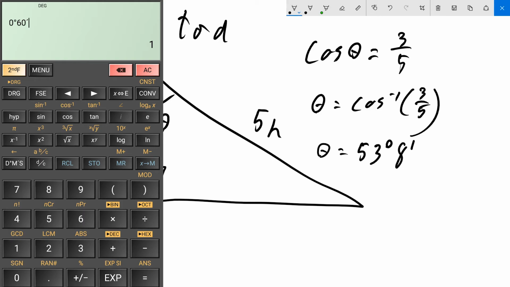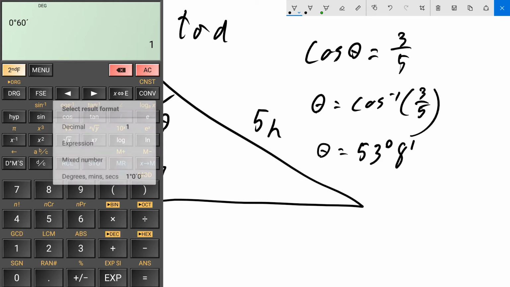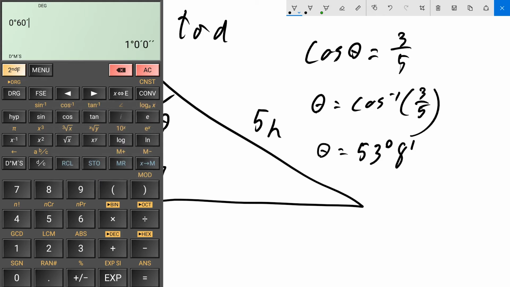So if I convert this into degrees, minutes, seconds, we will see that 60 minutes is a degree. So I can change this slightly, so there's 0 degrees, 0 minutes, and I'll make it 60 seconds, and we can see again it is 1 minute.